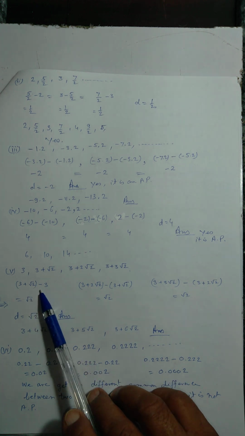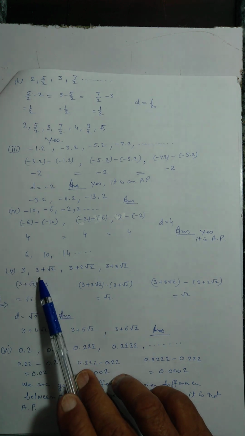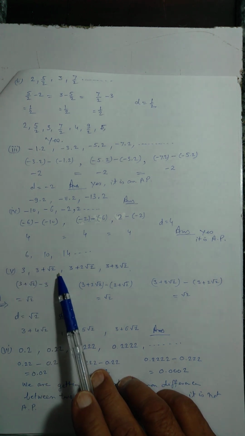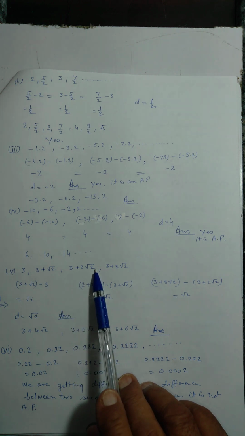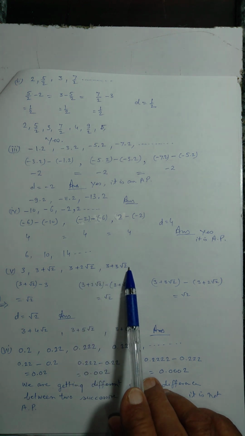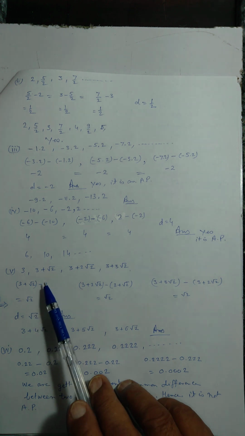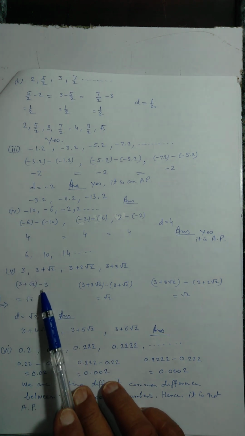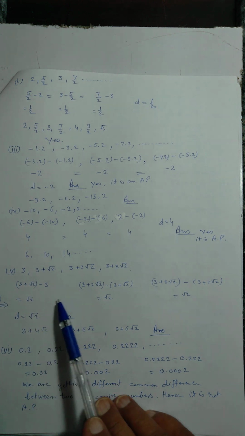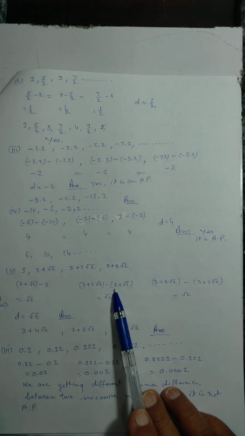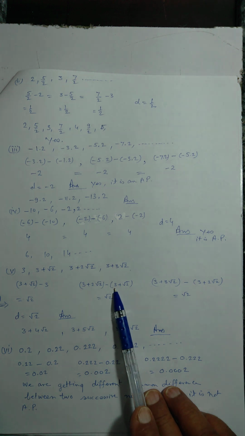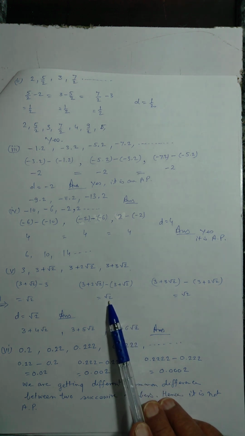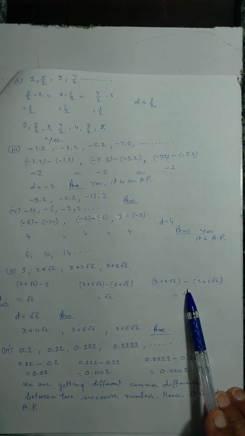Now the fifth part, that is 3 plus root 2, 3 plus 2 root 2, 3 plus 3 root 2. Here if you subtract the first term from the second term, you will get root 2. Third term minus second term, you will get root 2, and so on.